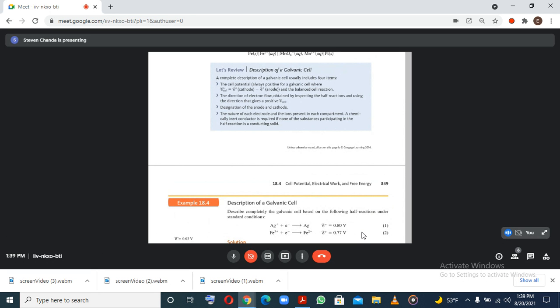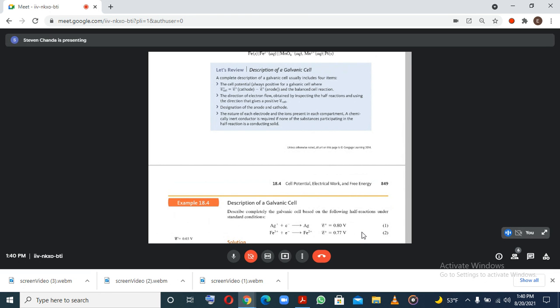So the first equation is going to be our cathode, right? So the second one has to be reversed, because it's the one that's going to act as the anode.